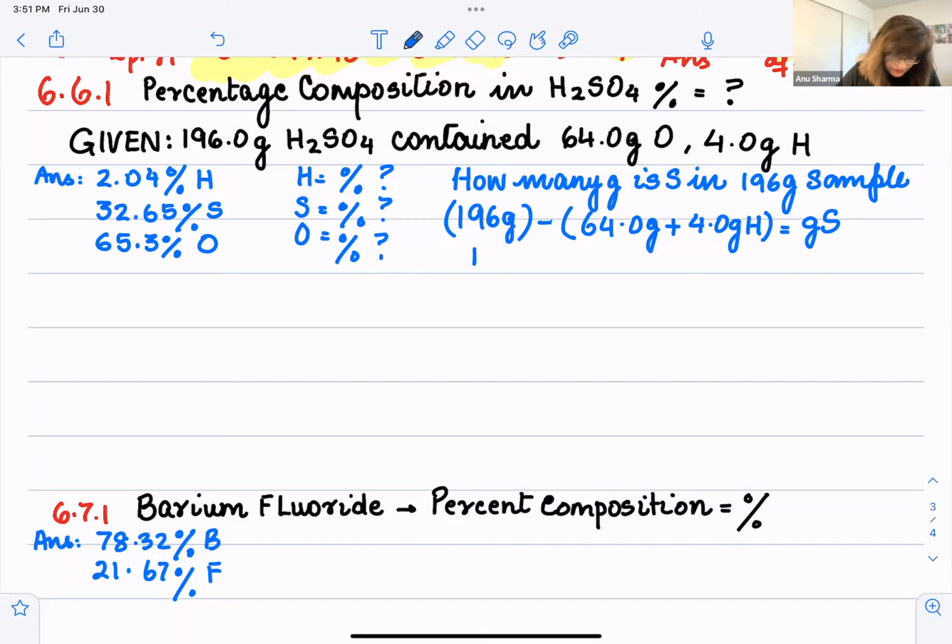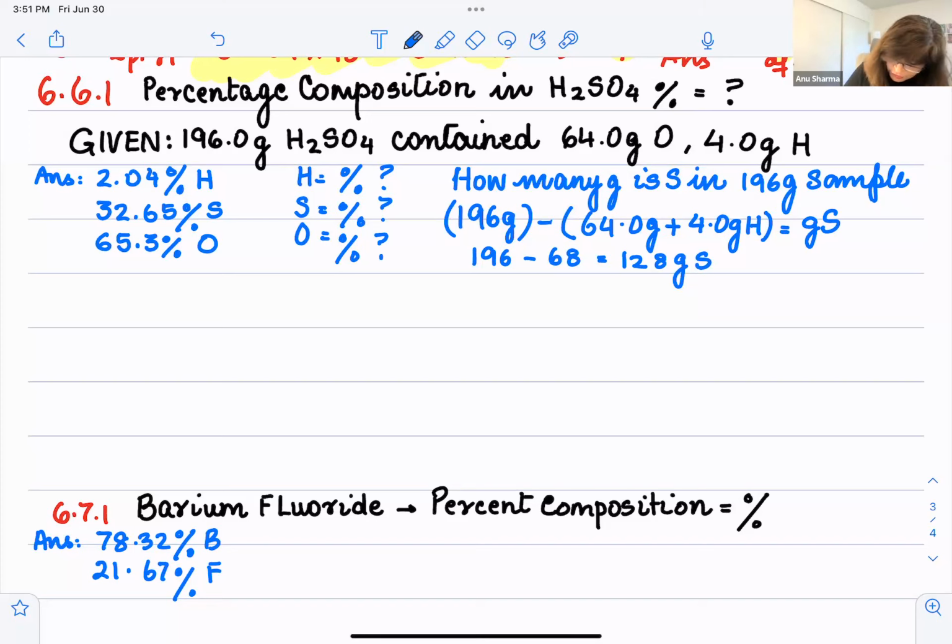So 196 minus 68 is 128. 128 grams is sulfur in that sample.